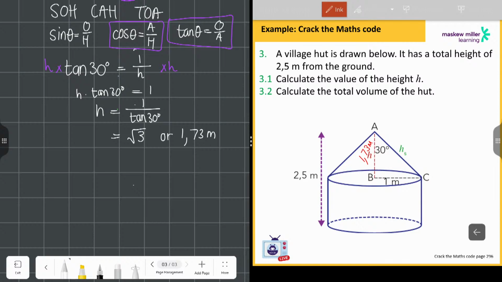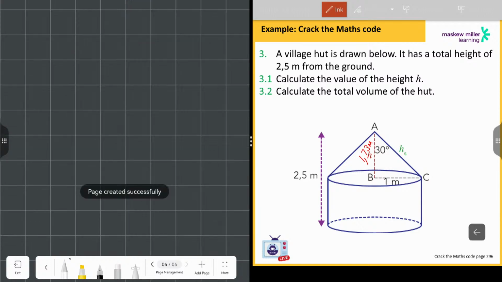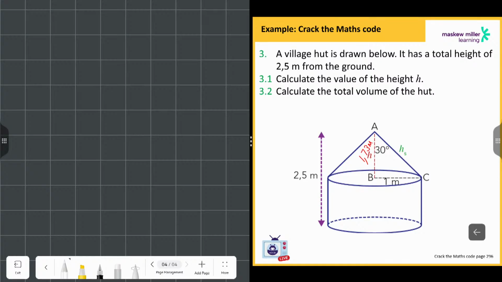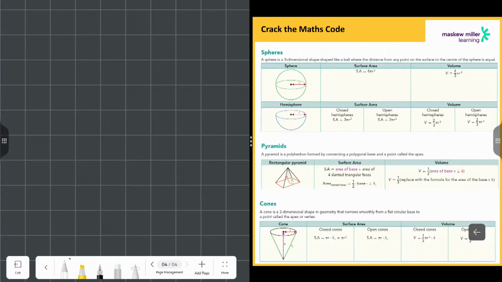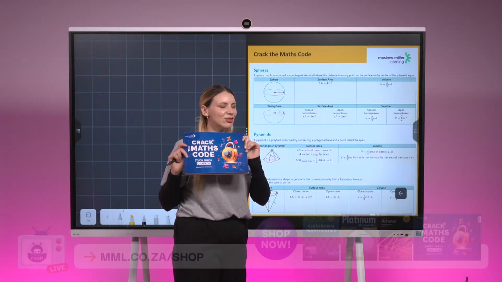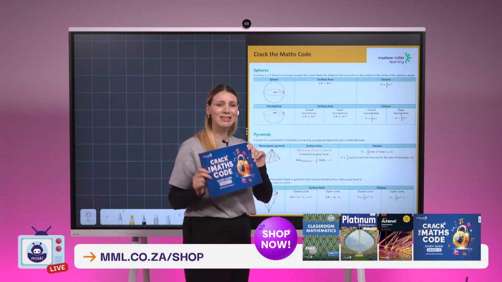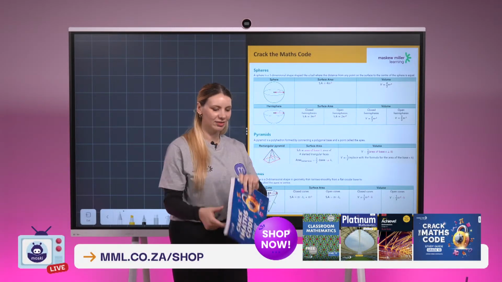Okay, so I'm going to calculate the total volume of the hut. Let's just quickly go back and look for the volume of a cone. Remember, closed or open doesn't make a difference. So we have our cone over here. Again, this comes from the book Crack the Maths Code. There are some exam tips in here. Really great.